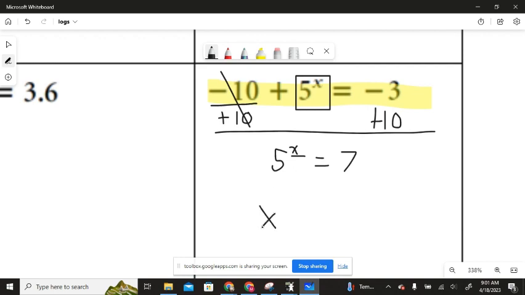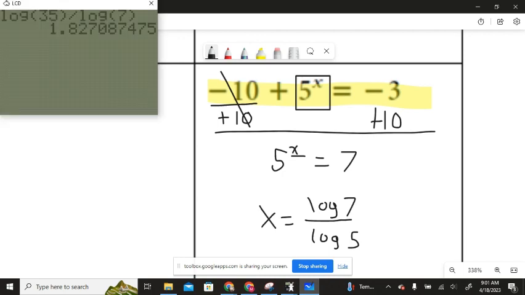So, same steps as before. X, our exponent, will be equal to the log of our answer over the log of our base. So we got the log of our answer, 7, divided by the log of our base, 5.